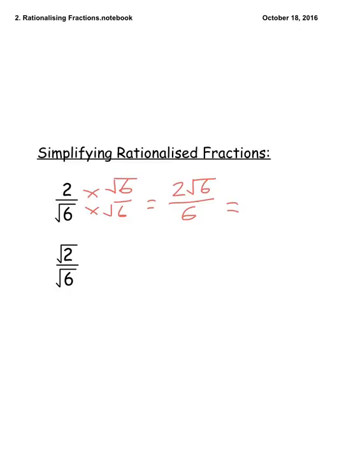Finally, I've got a 2 on the top of my fraction and a 6 on the bottom of my fraction in whole numbers. Now because 2 and 6 both divide by 2, I need to simplify my answer by dividing by 2 on the top and bottom. I get just 1√6 on the top of my fraction, and on the bottom I get 6 divided by 2, which is 3.